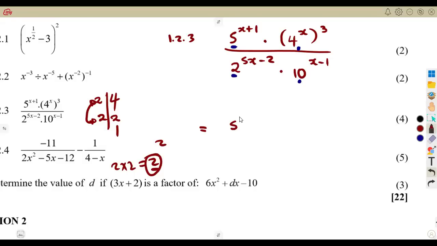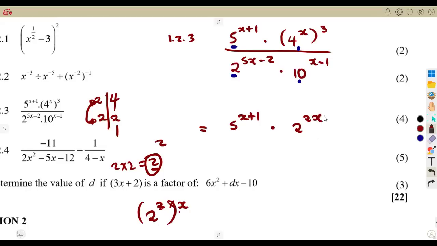We can rewrite in that way, in terms of a prime number in simplest form. So that's 5 to the exponent of x plus 1 times the 4 is same as 2 to the exponent of 2. But there is already an exponent of x which was there on that 4. So how do you write it? 2 to the exponent of 2, and there is already an exponent of x which was there on that 4. So remember, exponents multiply, 2 times x.